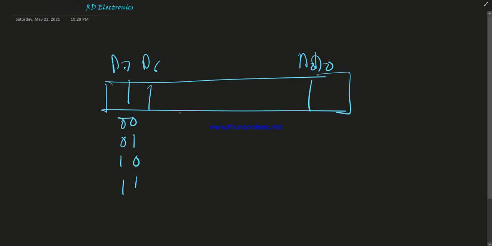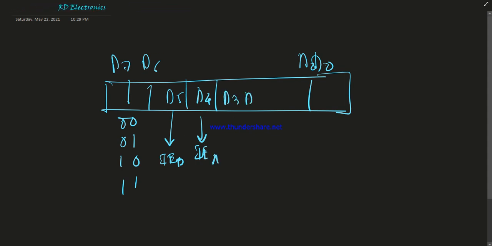D5 and D4 are associated, and their operation is for interrupt enable: this is interrupt enable of port B, and this is interrupt enable of port A. In a later video we will discuss thoroughly the function of these pins. In this video we just talk about the internal architecture of the 8155 and its different purposes.